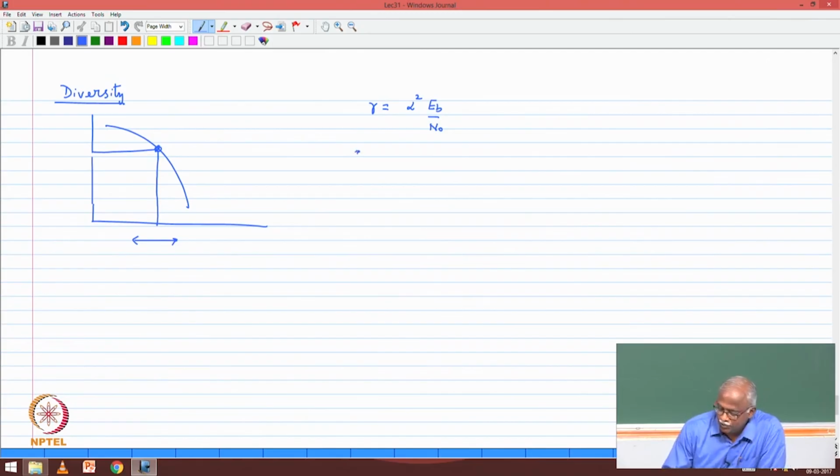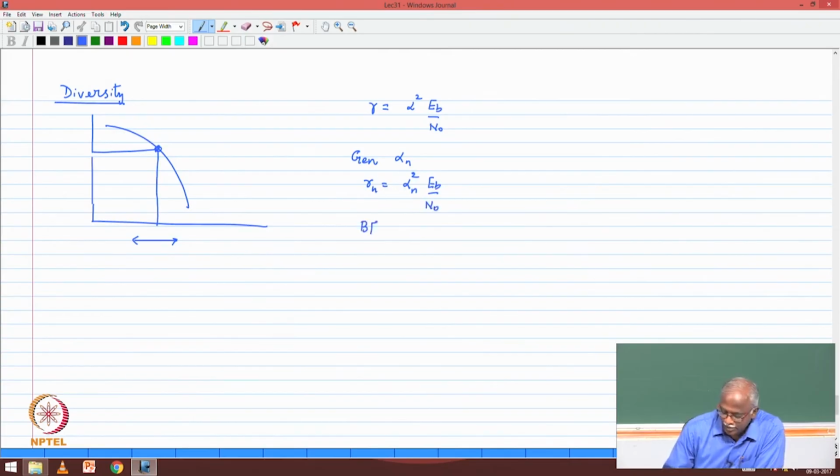So the steps that you followed: you generated different alpha n's instantaneously. From that you calculated gamma n, which is alpha n squared Eb by N naught.